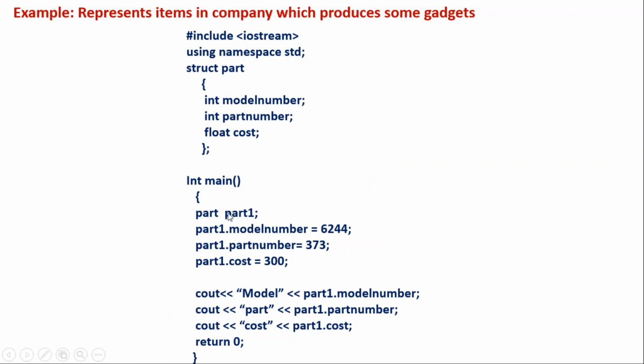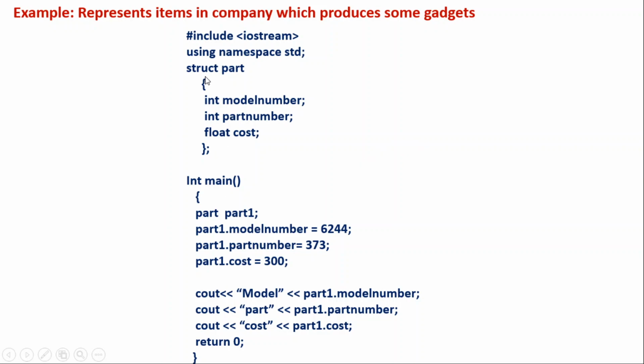In the same way, here, in the place of int, now part comes into the picture, because structure is a particular data type. As you define an integer data type, you can also define a structure data type. So instead of int x, I am using part x.